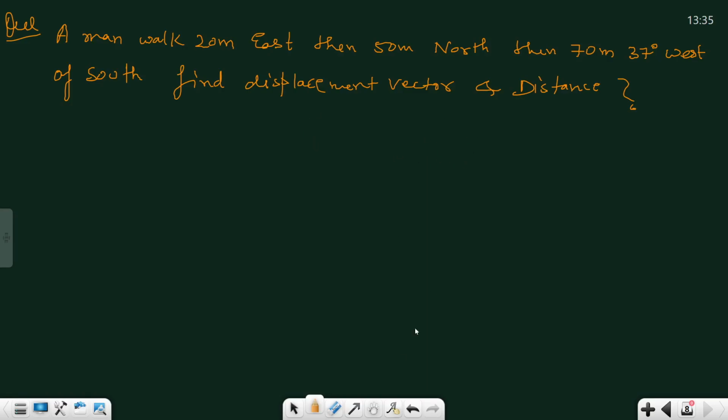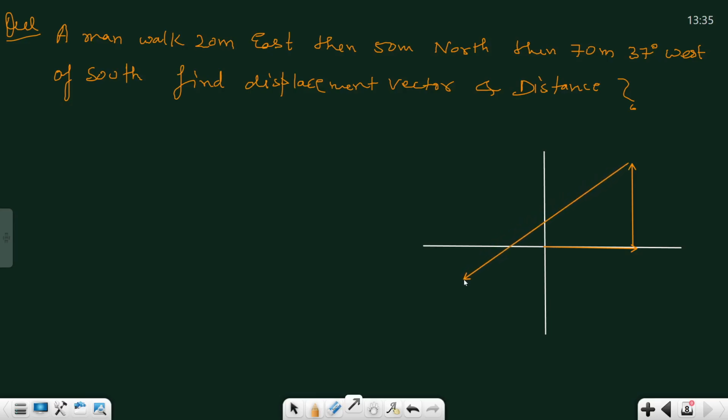So first is the directions. First he moved 20 meter east, then 50 meter north, then 70 meter 37 degree west of south. So west of south will be like this.